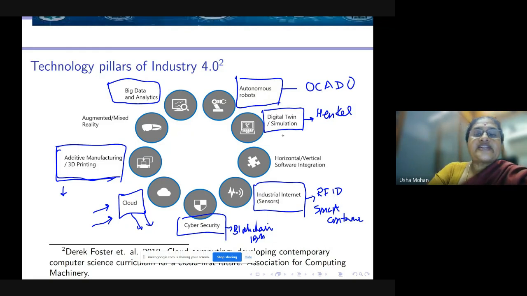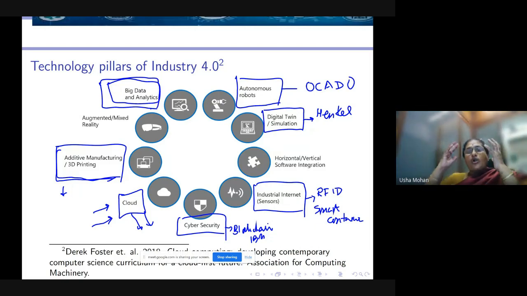Now, all these things are generating a lot of data, and that's where you need big data and analytics. All this data that is being generated has to be used properly. We also saw how Amazon uses this very effectively, in the case where we talked about predictive or anticipatory shipping.